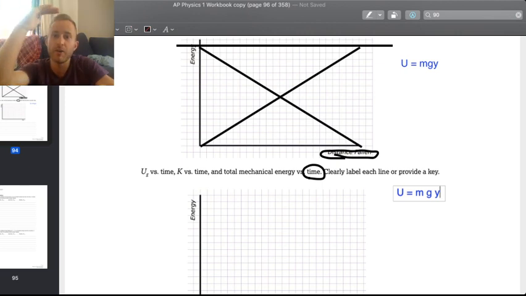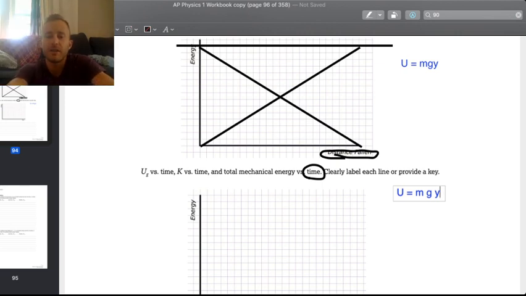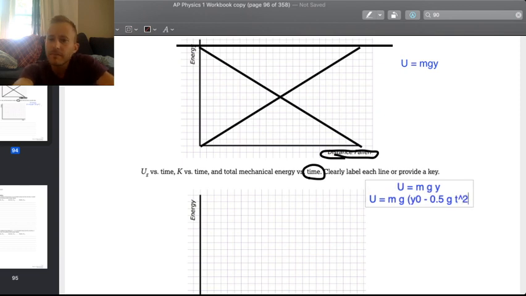It's the elevation that's changing as time goes on. So I'm going to replace y with a kinematics equation, which is going to be y naught minus 1/2 gt squared.